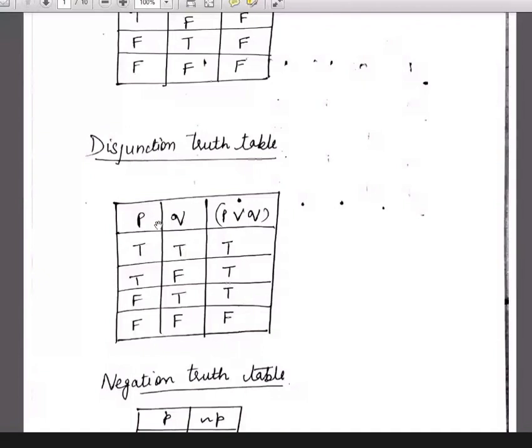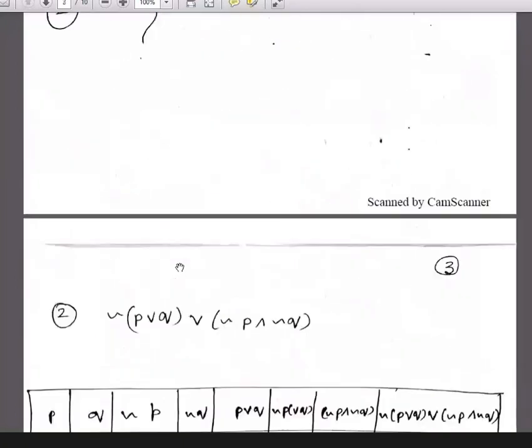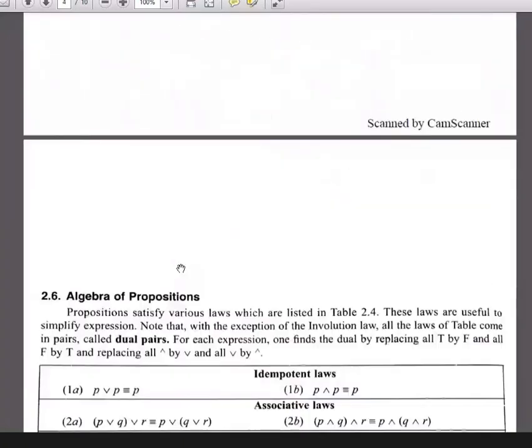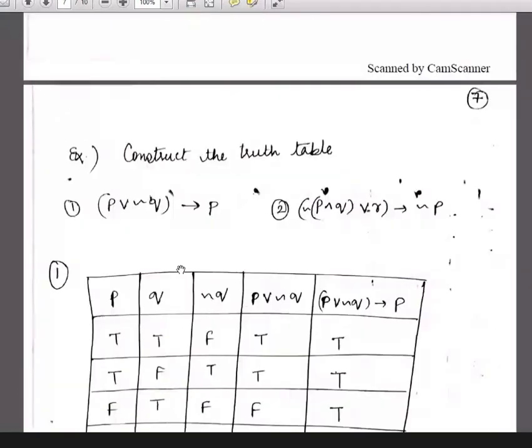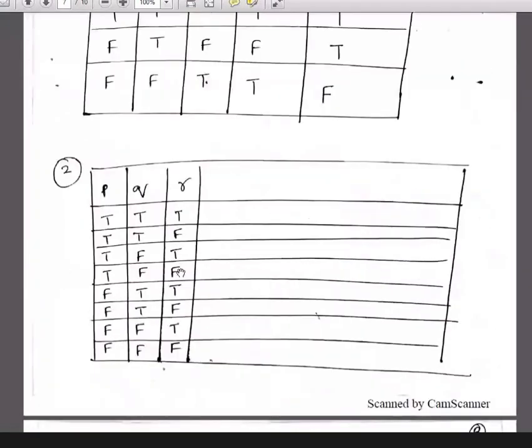If three variables are there, like P, Q, R, how do we choose? I also drew a table for three variables. Look at this, then I will explain. If there are three variables P, Q, and R, you need to copy it also.